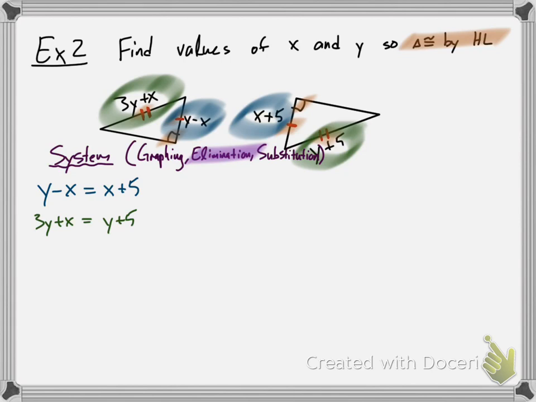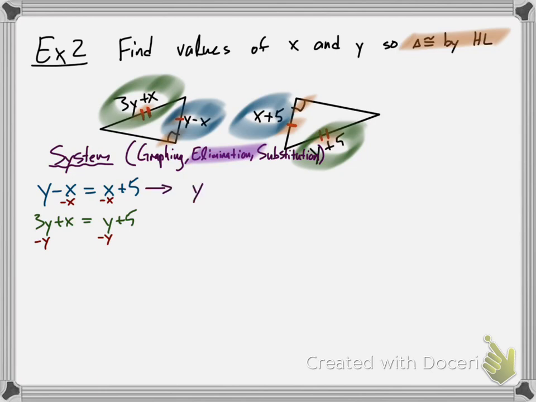So the first thing we need to do is get all the variables on one side of the equation and the constants, the numbers, on the other side. So we're going to subtract x here in my blue equation to get the variables together. And we're also going to subtract y in our green equation here.